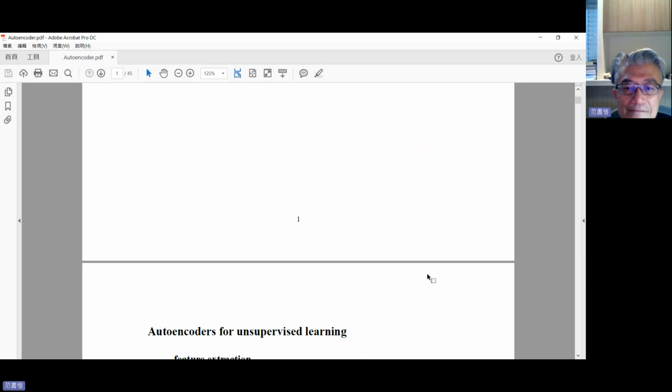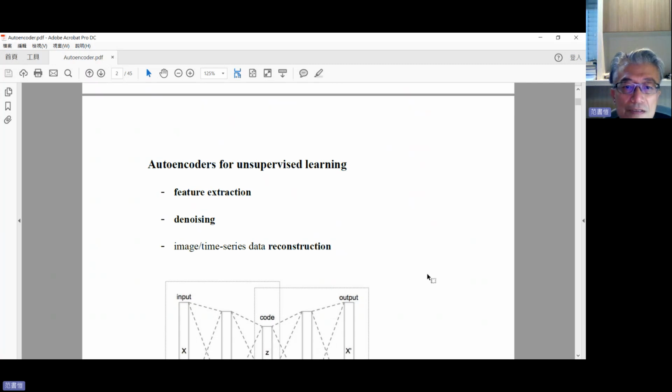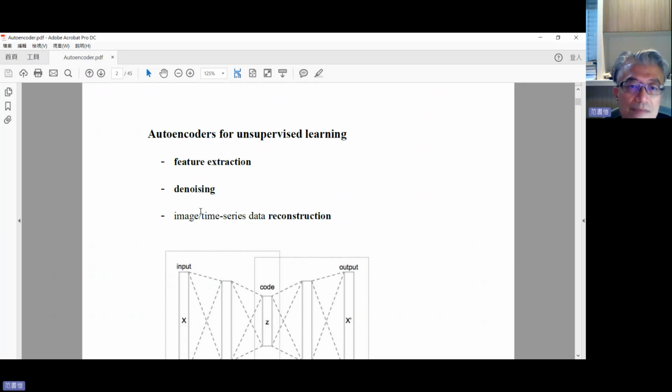Very interesting. So the autoencoder for unsupervised learning has three different purposes. It can perform feature extraction.